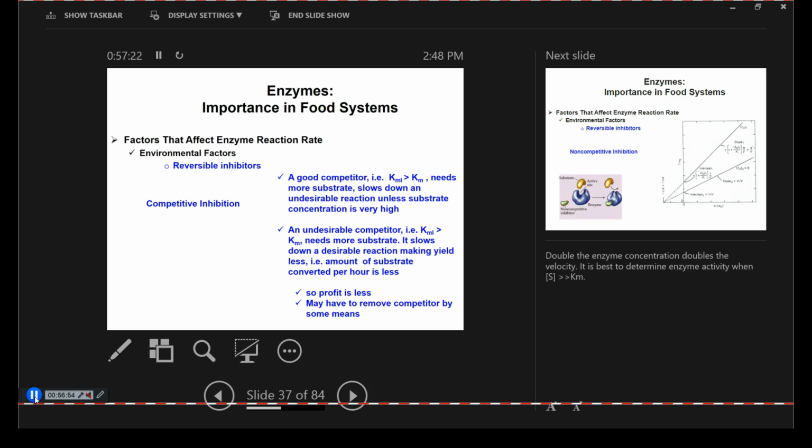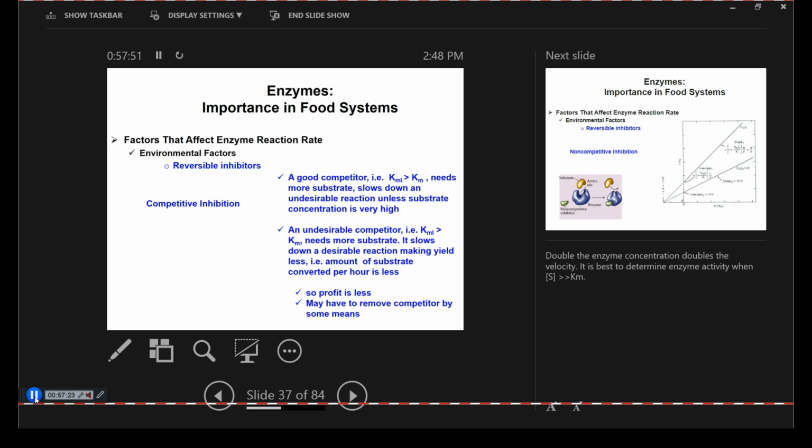So in this case, if we have a reasonable amount of substrate and you add that inhibitor, it slows down the reaction. However, if we have a really high concentration of substrate, it won't matter if you add an inhibitor unless you add a really high concentration of inhibitor, which could be expensive.